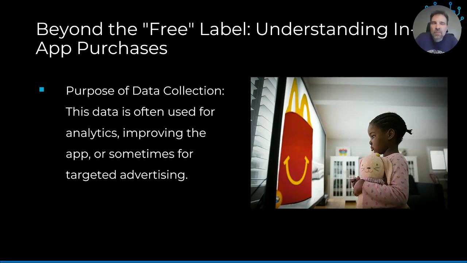And what's the purpose of it? All of this data is used, they say, for the improvement of the app, but many times it's shared with strategic partners, or just other companies buy this data to run specifically targeted ads at your child, right?